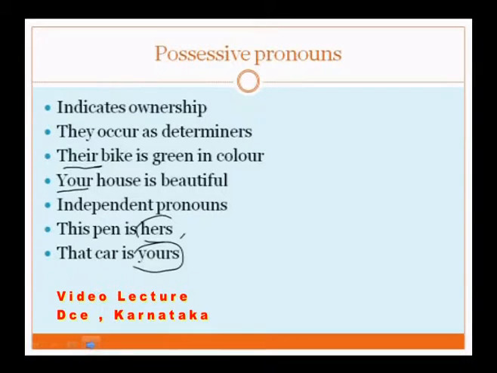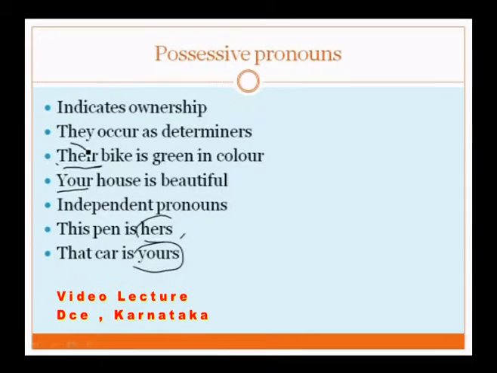possessive pronouns. Possessive pronouns indicate what? They indicate ownership. They occur in two forms, one as determiners and the other as independent pronouns. Look at these sentences. They occur as determiners. For that, their bike is green in color.